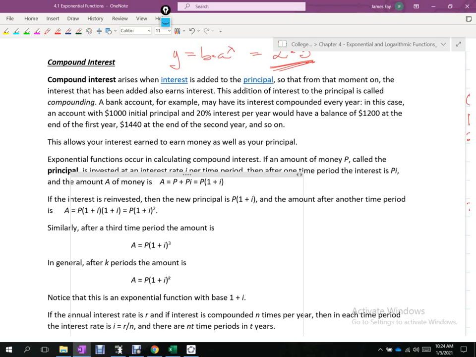Exponential functions are used in stocks, in amortizations of home loans or mortgages, same thing with car loans. So finances, which is going to be one of the main things that we devote our attention to as we leave high school and college, and that we want to have a good understanding of, use exponential functions a great deal.